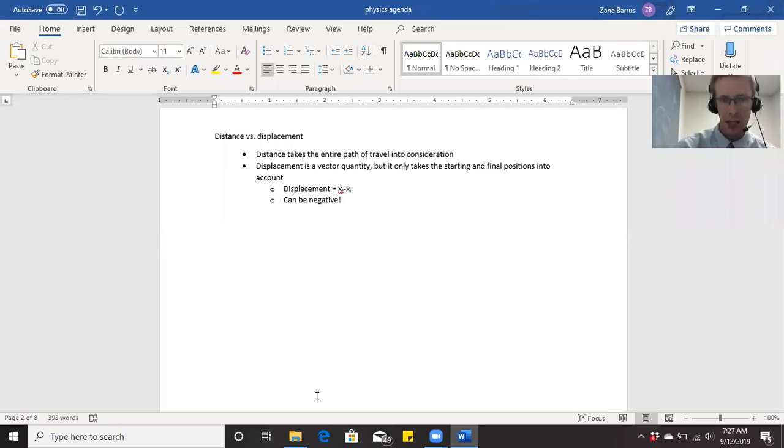So suppose for a second that I am standing here at point A. Suppose that from this point, I walk 10 feet, let's say I'm going out to my car. So I walk 10 feet from where I started.